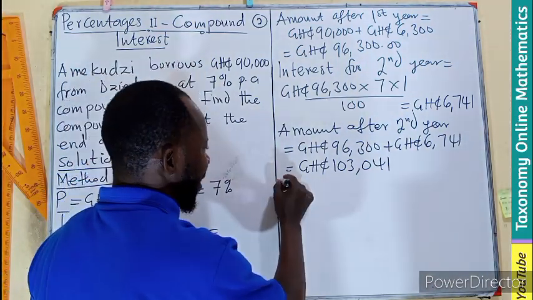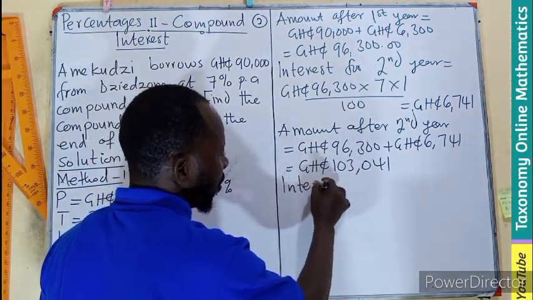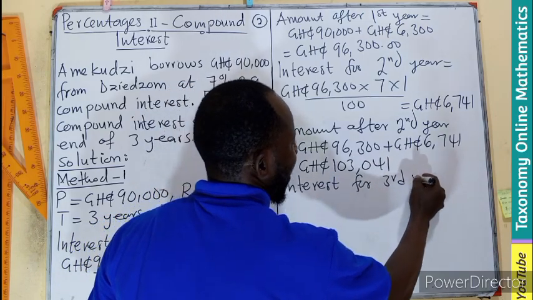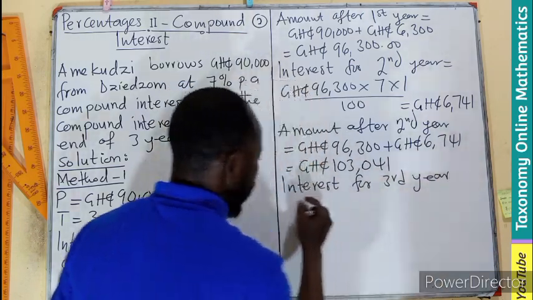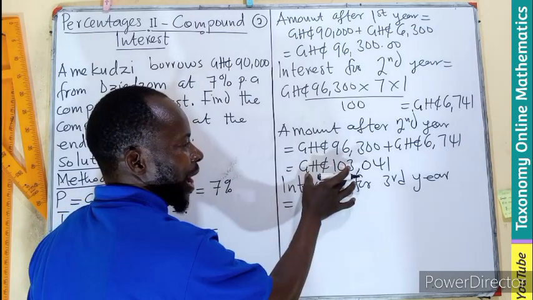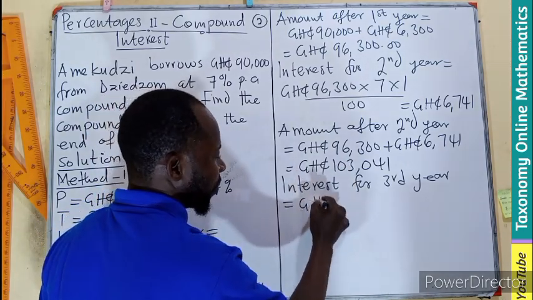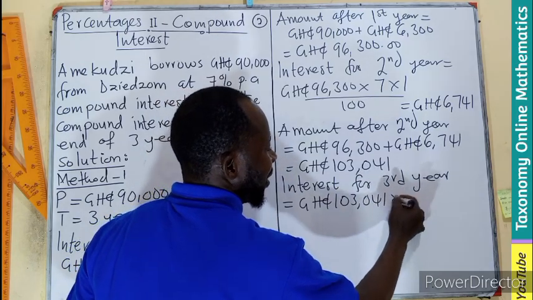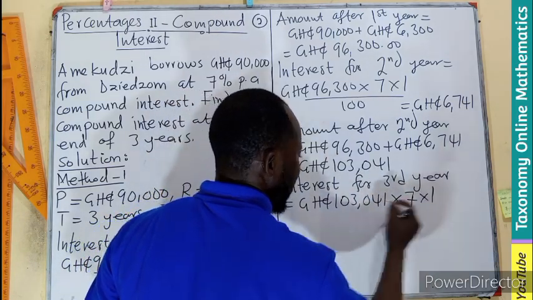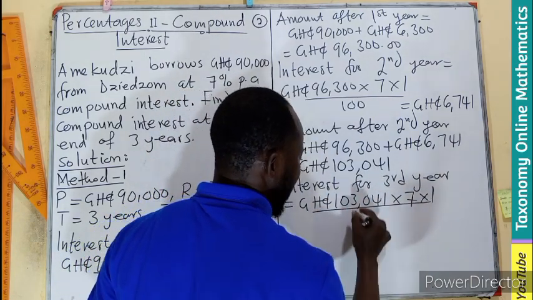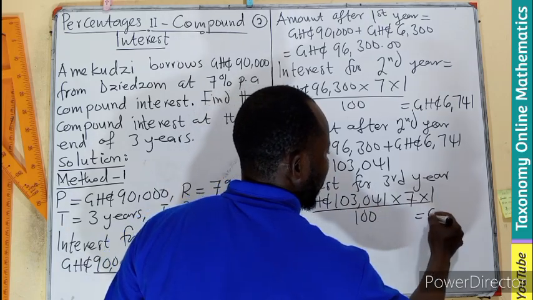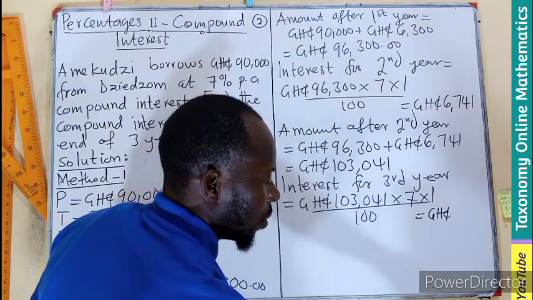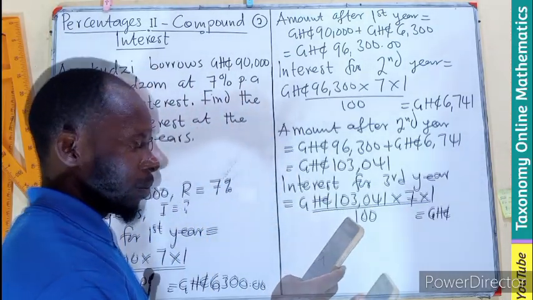So I can just say that interest for the third year will also be the principal I am beginning with, 103,041 times the rate of interest times that year, which is 1, divided by 100. Let's see what that will lead us to.